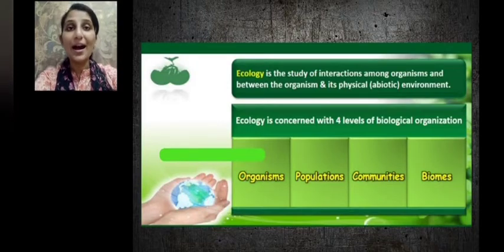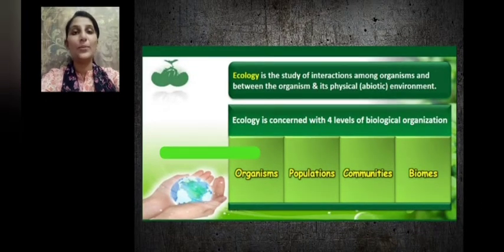They are a higher ecological category next to population. It is a group of populations of different species occupying a particular habitat in a particular region. So the biotic community results from the interaction and interdependence of populations of different species in a particular habitat.